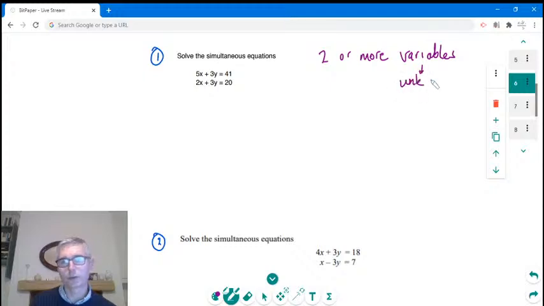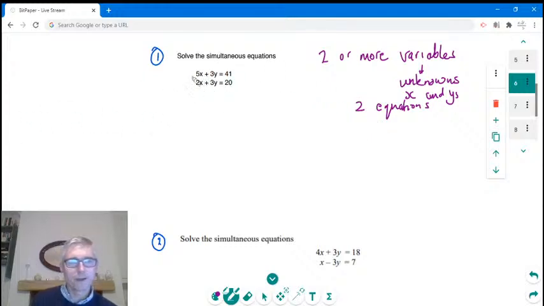So two or more unknowns, and we can see in this first one we've got both x's and y's. So in order to solve that we actually need two equations to do it. If we only had one equation, then we wouldn't be able to solve this.